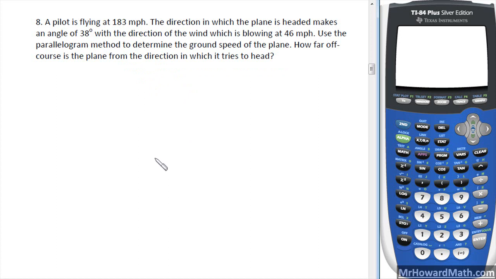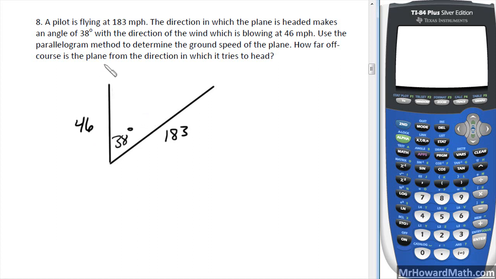So I am going to choose to make the wind blow back this way, as far as the direction of the plane, and then make the wind blow straight like this, and that way this angle is the 38 degrees, and we're flying at 183 miles per hour, and we'll make the wind blowing this way at 46 miles per hour.